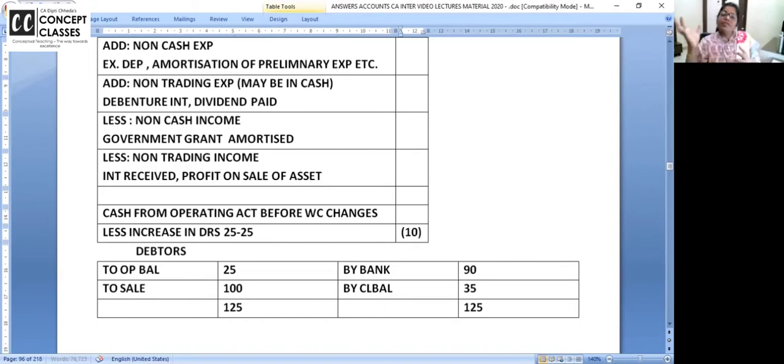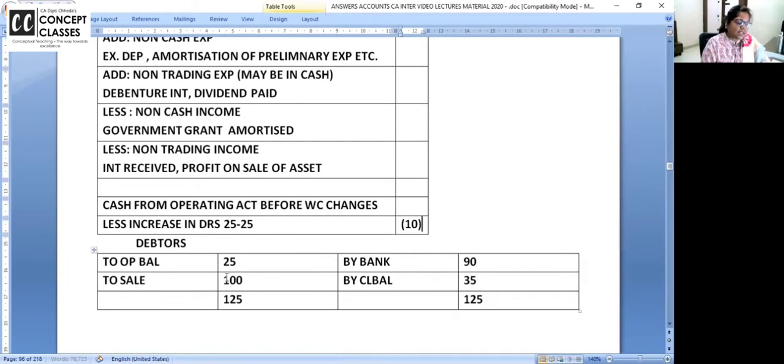Now listen, when you have taken net profit, you have already taken sales as 100 and opening and closing debtors as 100 minus 10. Are you indirectly getting 90, the amount received from bank? Now look at the circle I'm making.